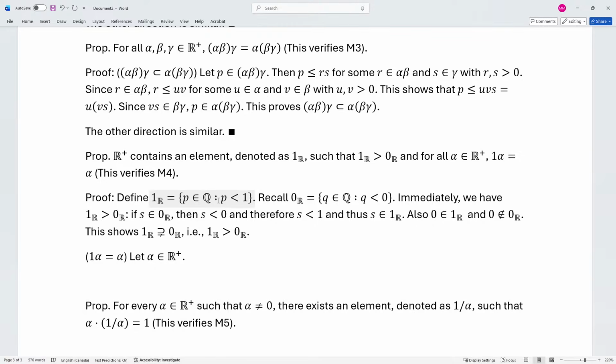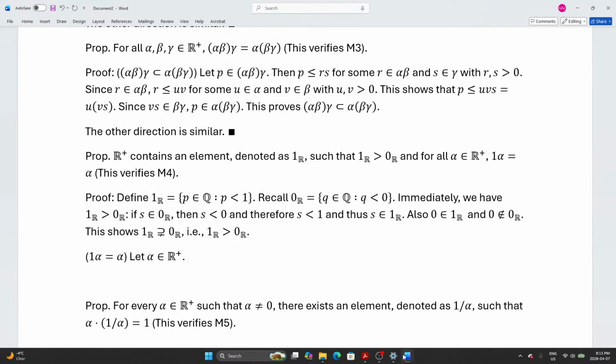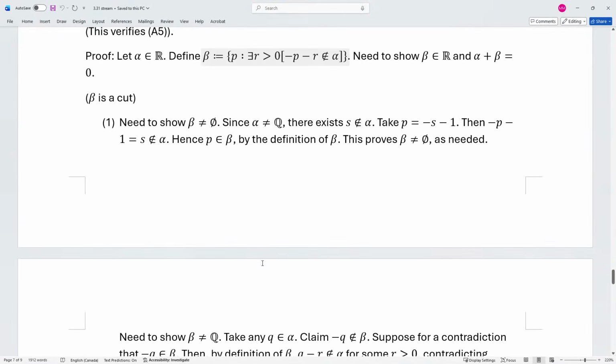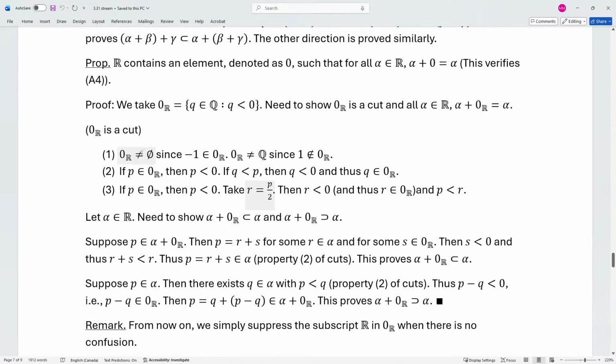Well, why don't we check the A4 direction we did earlier? This proves A4, right?